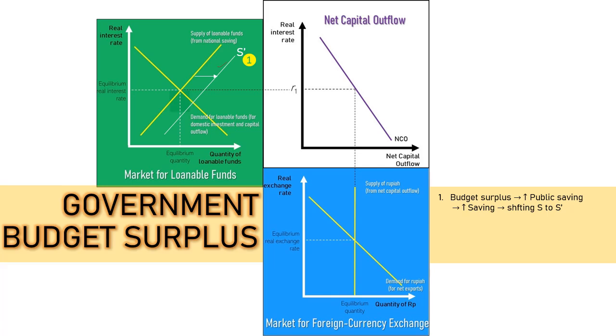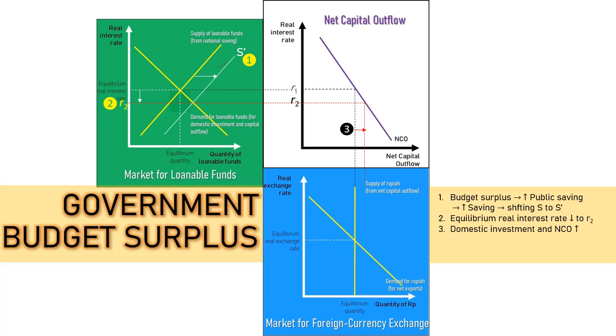As a consequence, we have the second condition, which is the new and lower level of real interest rate equilibrium at R2. At a lower interest rate, both domestic investment and NCO will increase. In the second diagram, the condition of lower interest rate and higher NCO is shown. It is condition number 3.